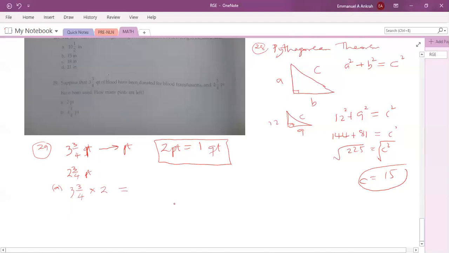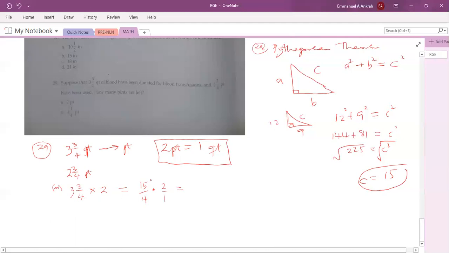This is testing us on multiplication of fractions, so I change this to an improper fraction. 4 times 3 is 12, plus 3 is 15/4, times 2 over 1.